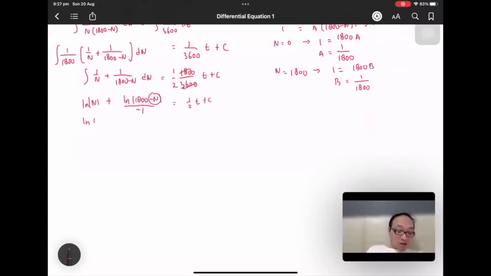So ln n minus ln(1800 minus n) equals half t plus c. I can simplify this: ln minus ln is ln of n over the absolute value of (1800 minus n) equals half t plus c.